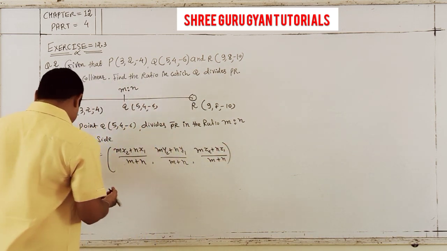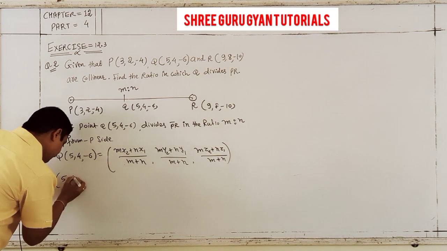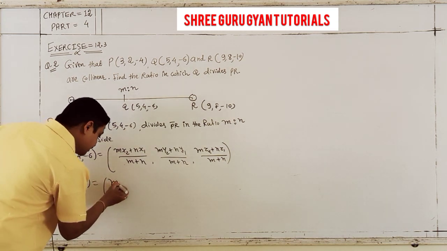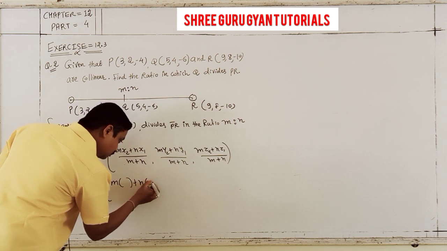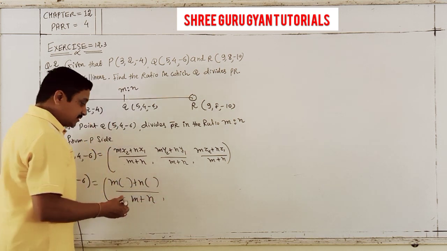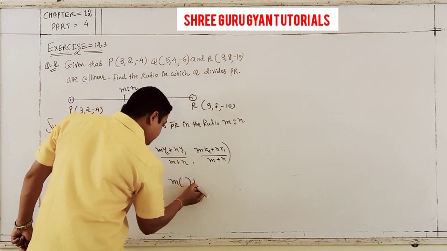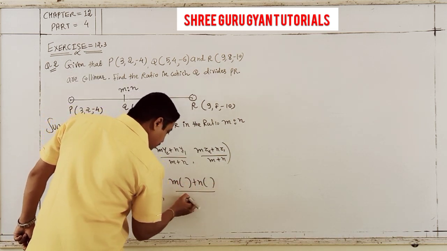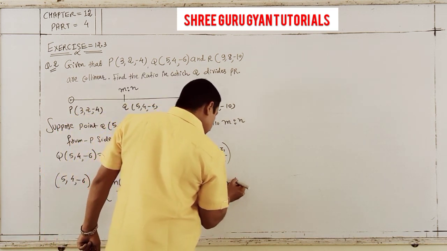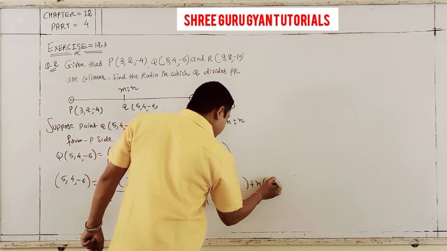Apply the values. Here same as (5, 4, -6), and you have to find m and n. Similarly here, and the same for the third.